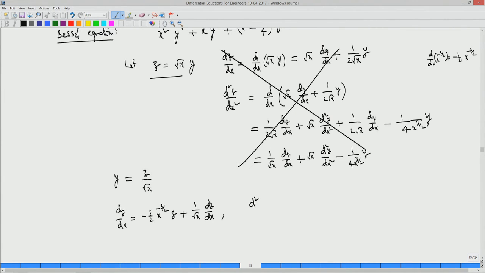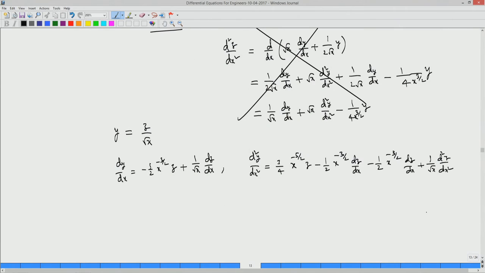Similarly, you can get d square y by dx square as 3 by 4 x power minus 5 by 2 z, minus half x power minus 3 by 2 dz by dx, minus half x power minus 3 by 2 dz by dx, plus 1 by root x d square z by dx square.